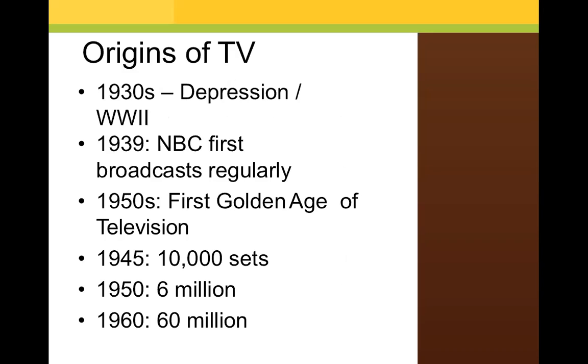Well, why did television not get going in the 1930s? At some level, the technology didn't allow it to really be rolled out. But then also there was the Great Depression going on in the 1930s, and there was the buildup going on that ultimately became World War II. Even despite that, NBC started its first regular broadcasts in 1939, and we have a record of the World's Fair being a demonstration of television.